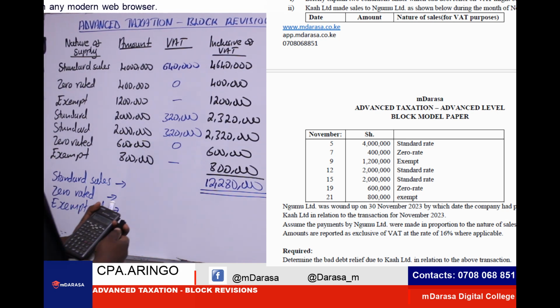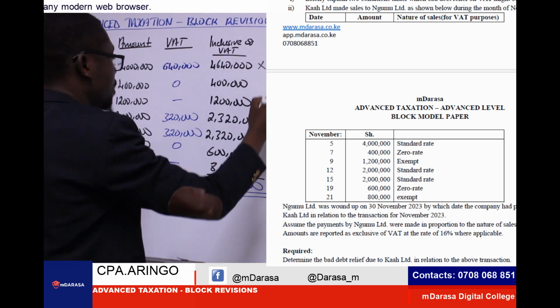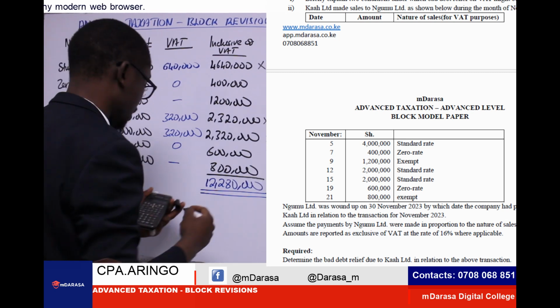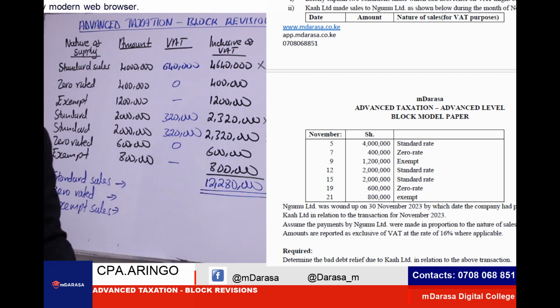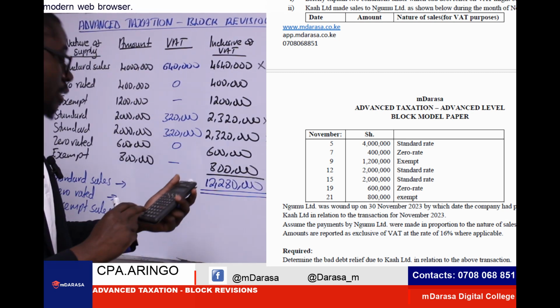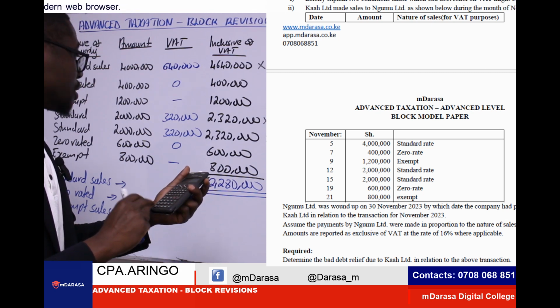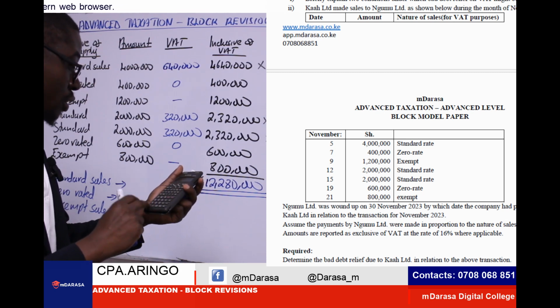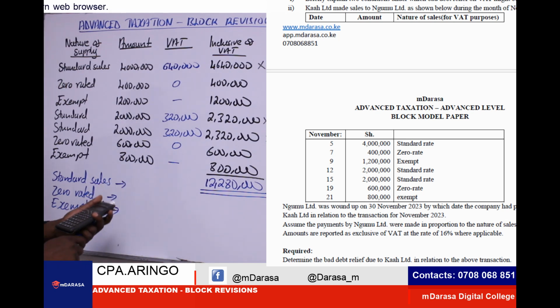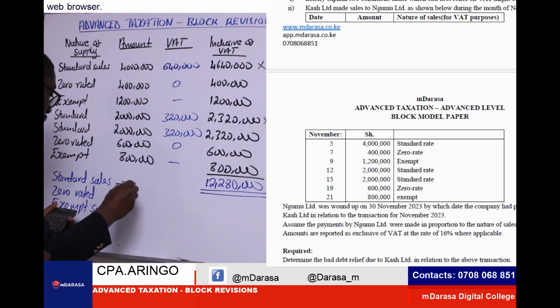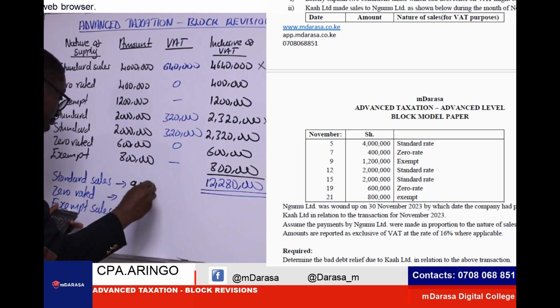For standard, we have this and this, which will give us a total of 4,640 plus 2,320 plus 2,320. So total standard is giving us 9,280,000. Okay?